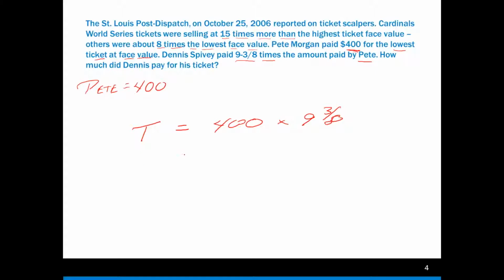8 times 9 is 72 plus 3 is 75 over 8. And when I multiply across the numerators, I get 30,000. Okay, I wrote a K here.